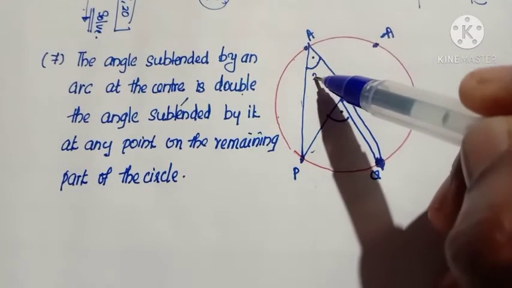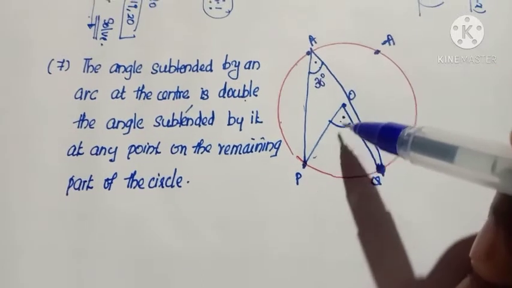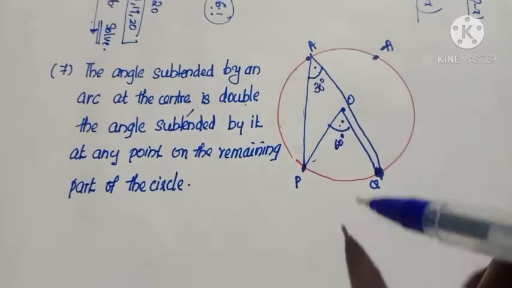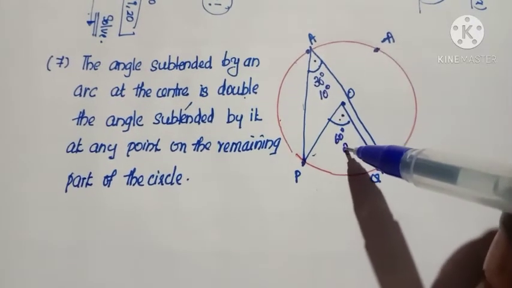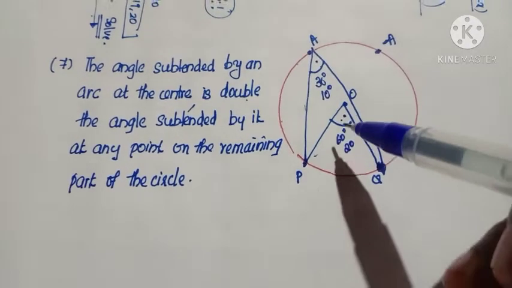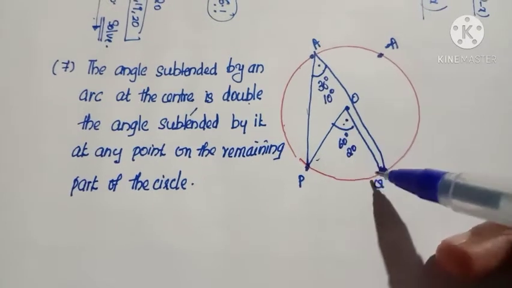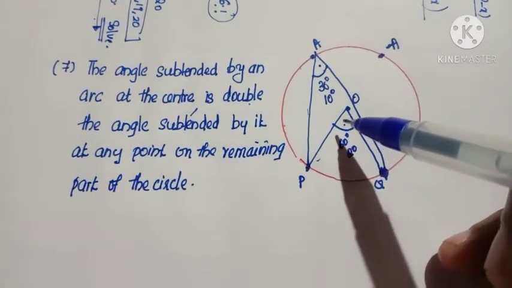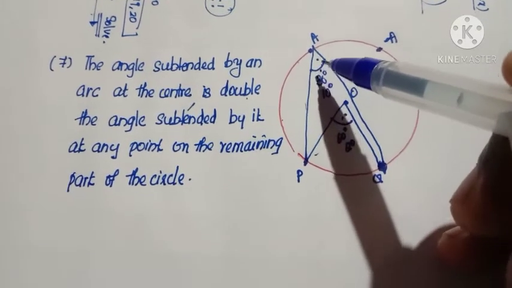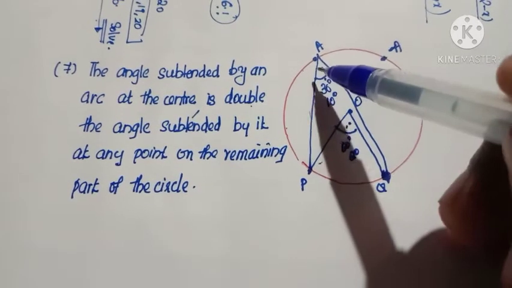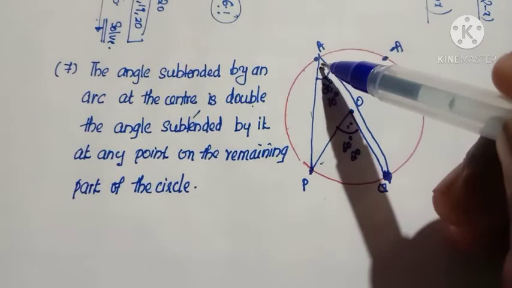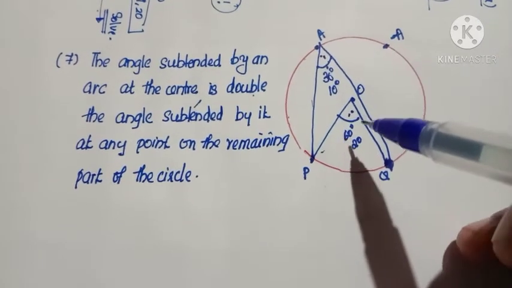That means if this angle is 30 degrees, then this angle is 60. If this angle is 10 degrees, this angle is 20. Is that clear? The angle subtended by an arc at the center is double the angle subtended by the same arc at any point on the remaining part of the circle.